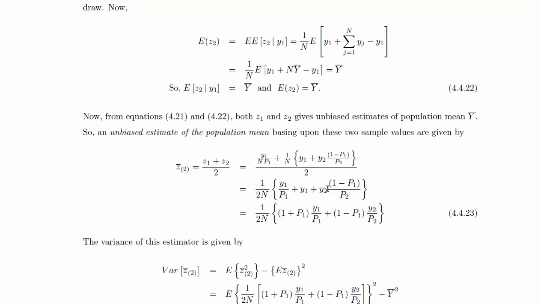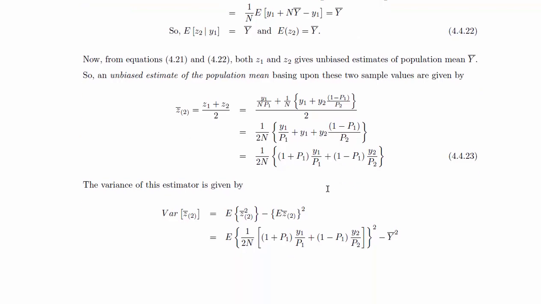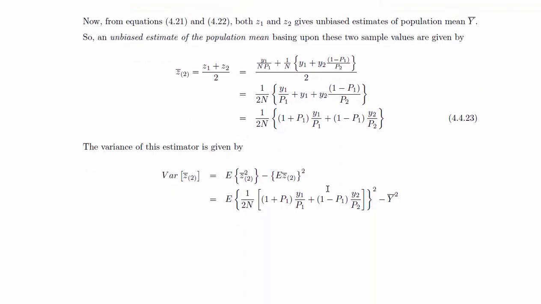So the expectation of Z bar is equal to y bar. So Z bar gives an unbiased estimate of the population mean, and the variance of Z bar equals the expectation of Z bar square minus the expectation of Z bar whole square, minus this y bar square.